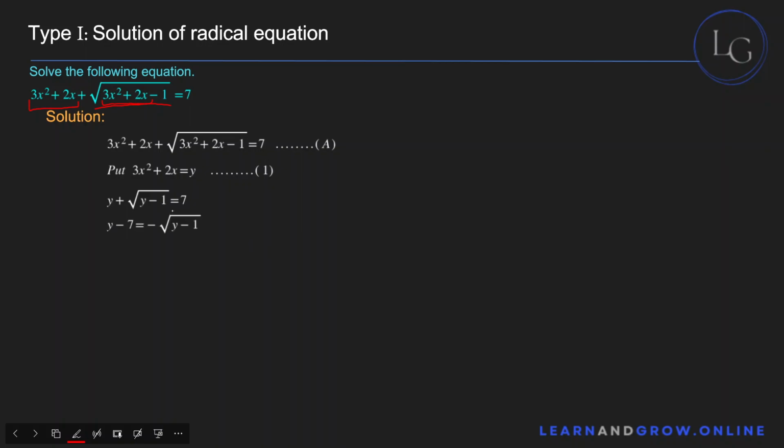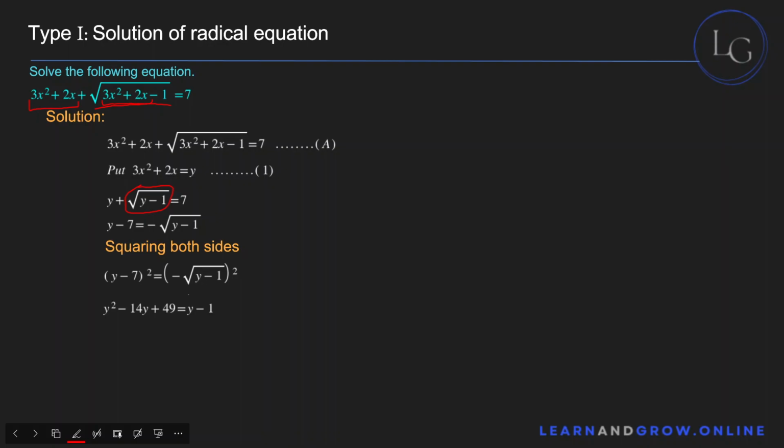Now you'll have to take the radical term, which is this term, on one hand, and all of the other terms on the other hand. So now what you'll do is you'll take square on both sides, and that becomes this equation here.